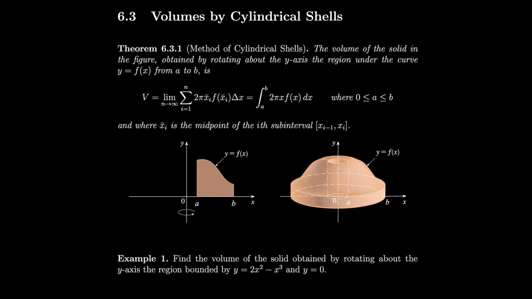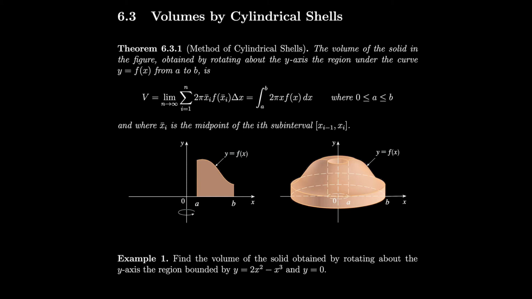So the shell method gives us an alternative to switch back and forth between delta x and delta y, depending on the context of the problem. We use it when solving for one variable is more convenient than the other, or when it just results in a better integral.